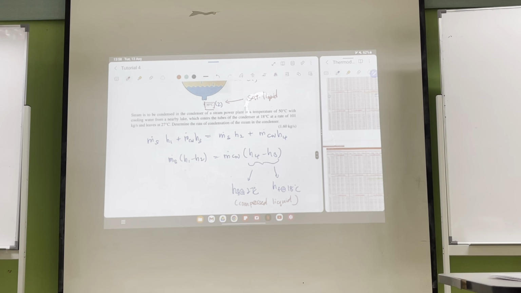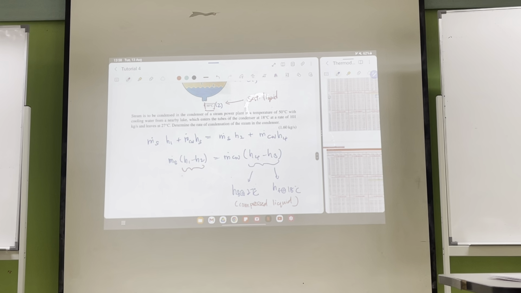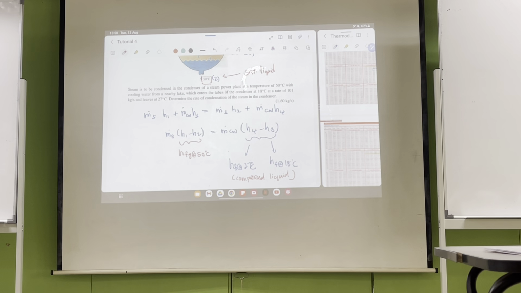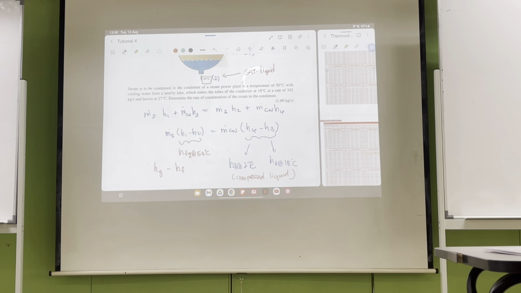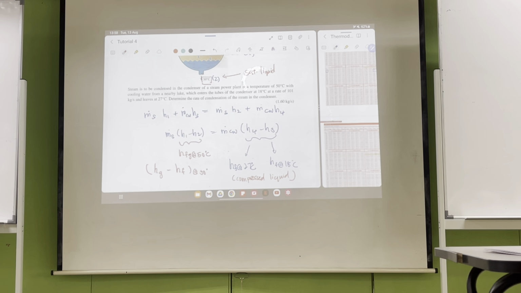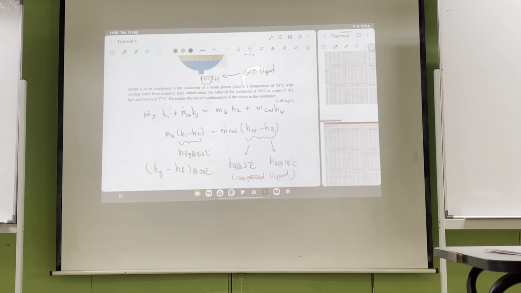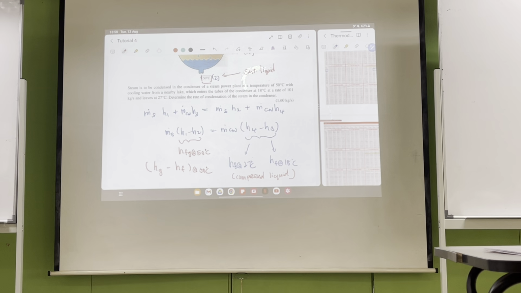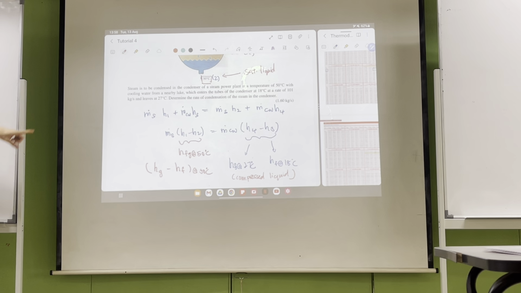So for this, you can simply use HFG at 50 degrees Celsius. Or if you find this hard to understand, then you just write Hg minus HF at 50 degrees Celsius. Same thing. So you solve this, then you can get the mass flow rate for the steam. Does this make sense to you?